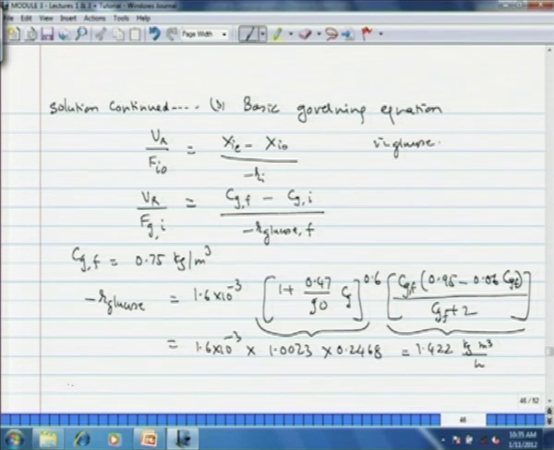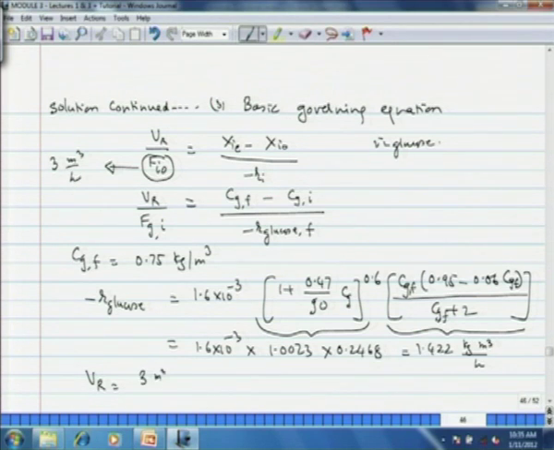Now, we have to calculate VR. To calculate VR, we have to know Fi naught, the flow rate of glucose into the reactor, that has been given to us as 3 meter cube per hour.